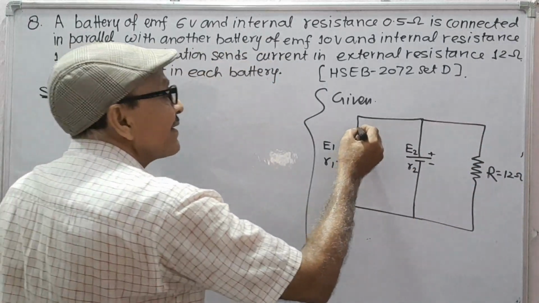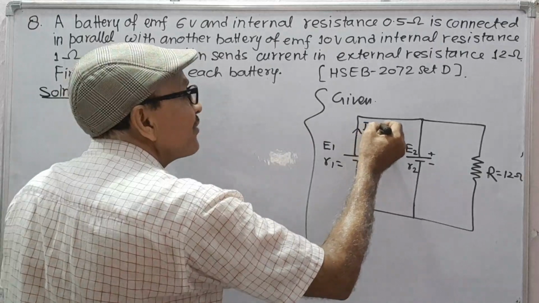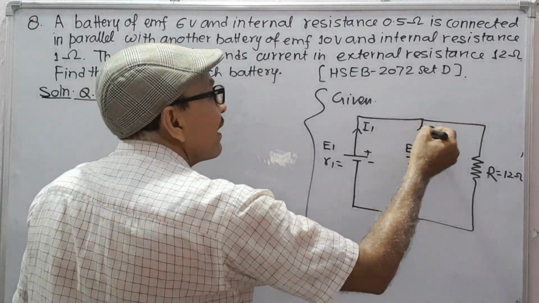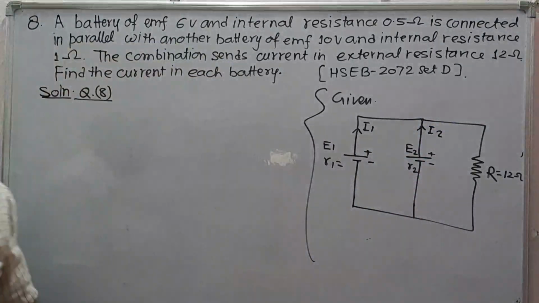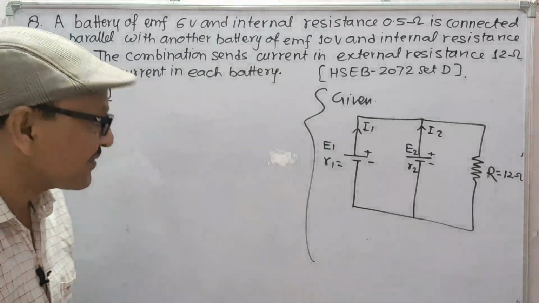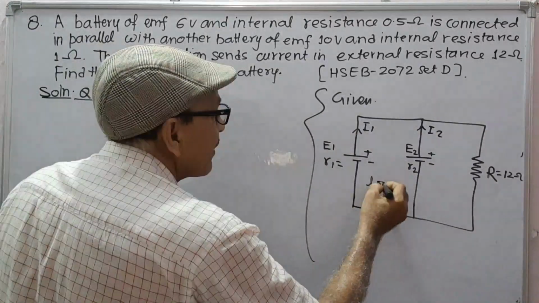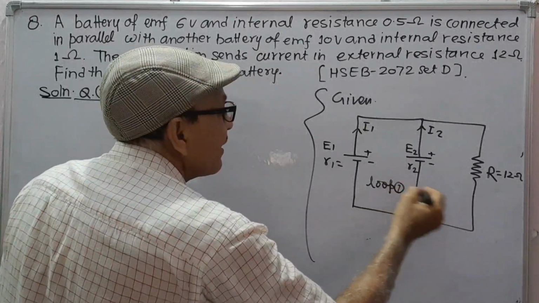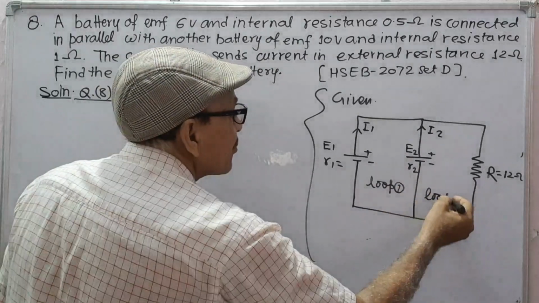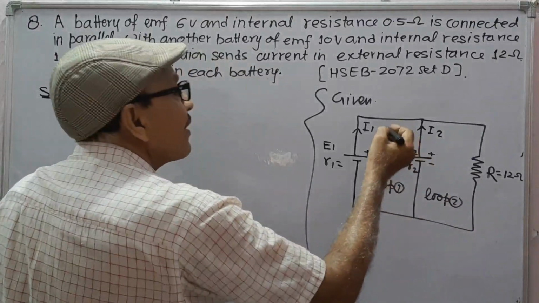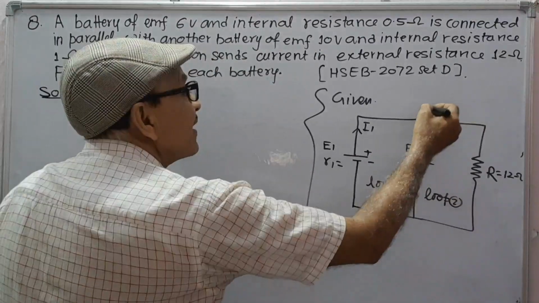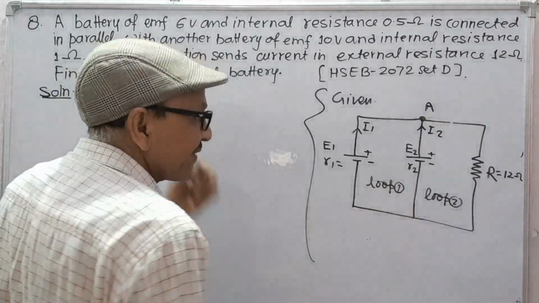We have to find currents I1 and I2 passing from the cells. Suppose this is loop 1 and this is loop 2. This point is A, junction A.